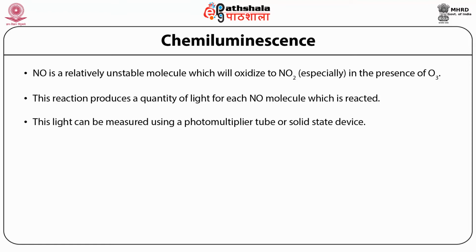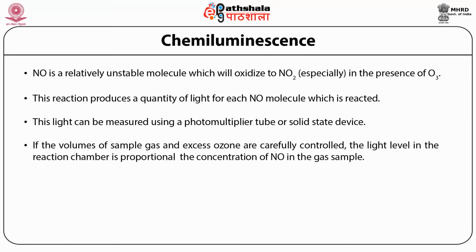This light can be measured using a photomultiplier tube or a solid state device. If the volumes of sample gas and excess ozone are carefully controlled, the light level in the reaction chamber is proportional to the concentration of nitric oxide in the gas sample.